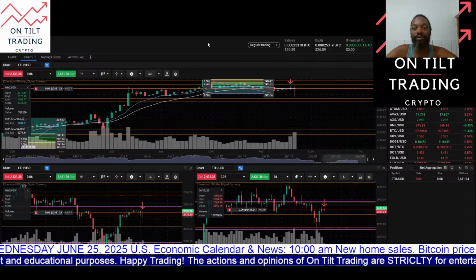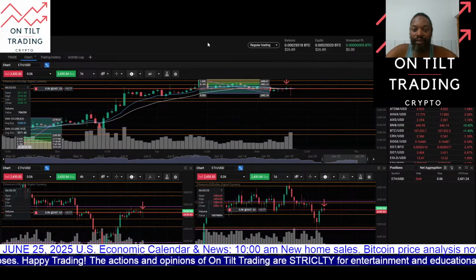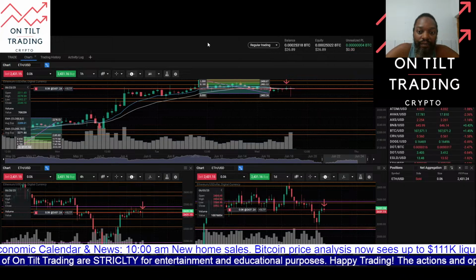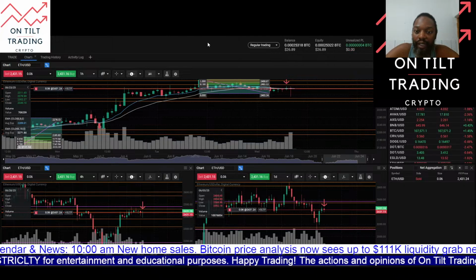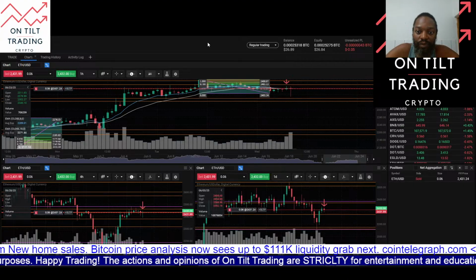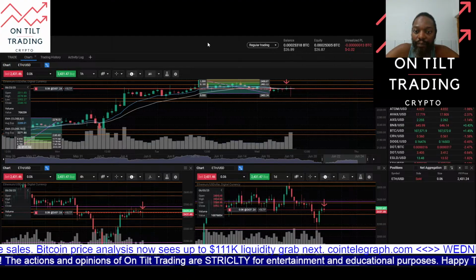I'll continue to monitor price action here to see if this Ethereum trade works out, if it fails, or if it provides additional opportunity.